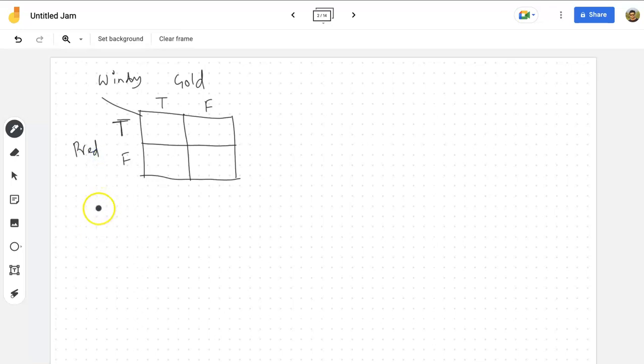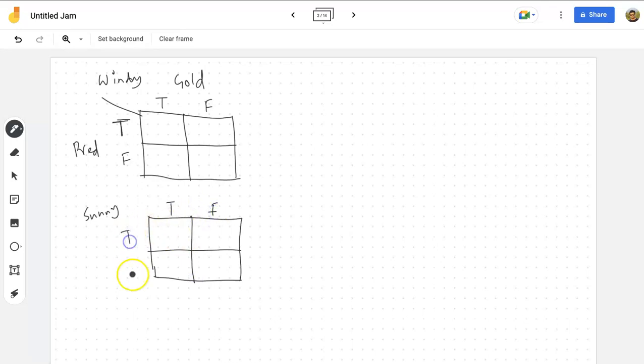Similarly, this is windy, so let's do it for sunny. We already calculated all these values, so for calculation I'm again writing the values there. So it will be true, false, same. This is predicted, this is gold.